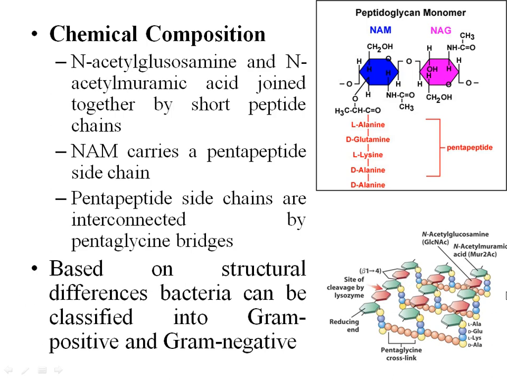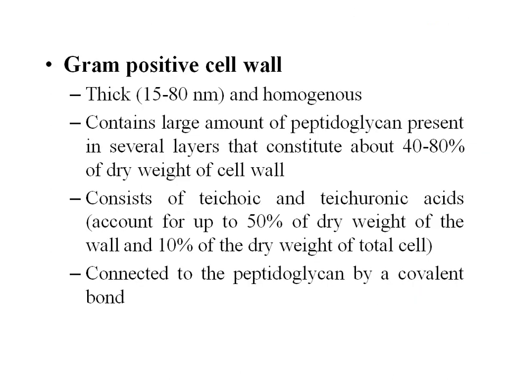Based on the differences between the cell wall of the bacteria, we can classify the bacteria into gram positive and gram negative bacteria. So I am going to brief some of the salient features of the gram-positive cell wall and also the gram-negative cell wall.